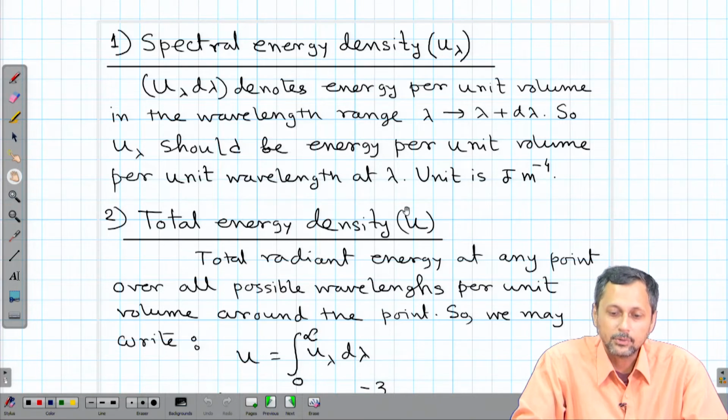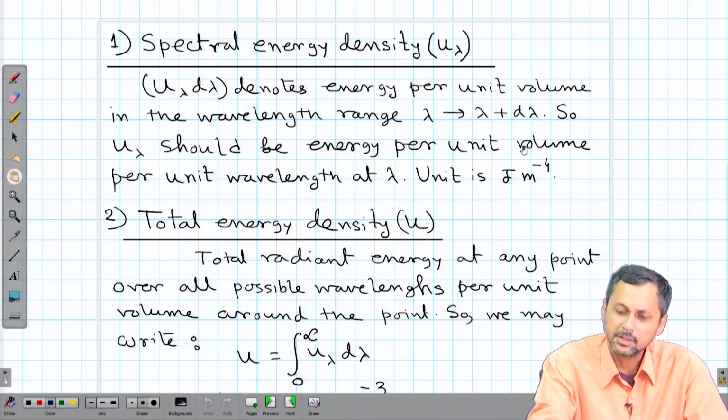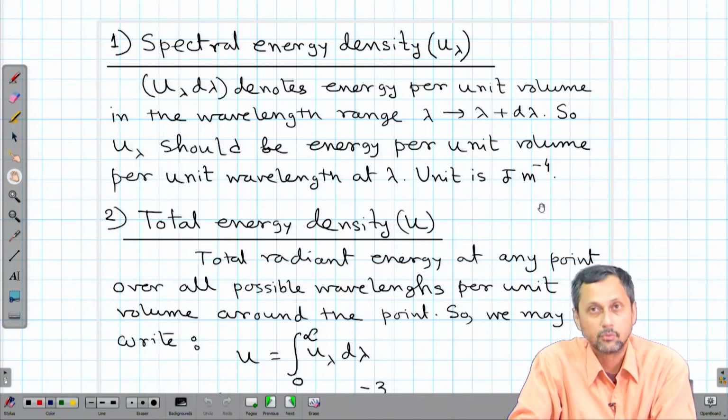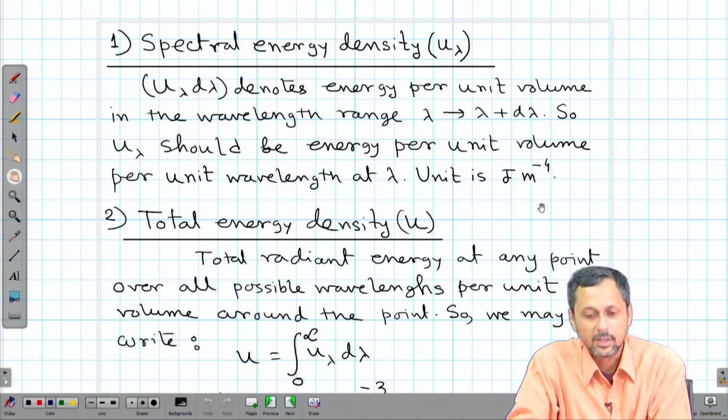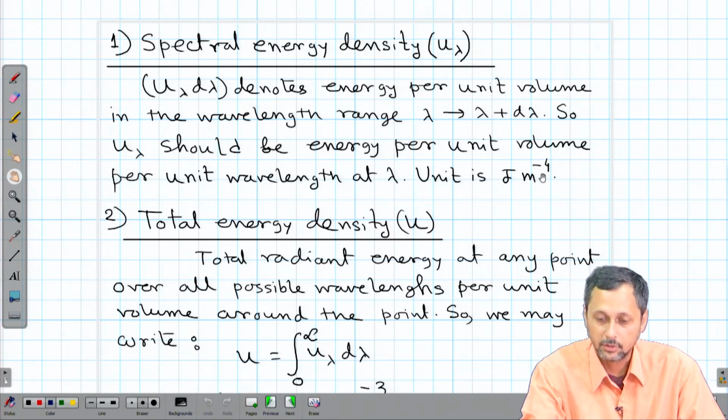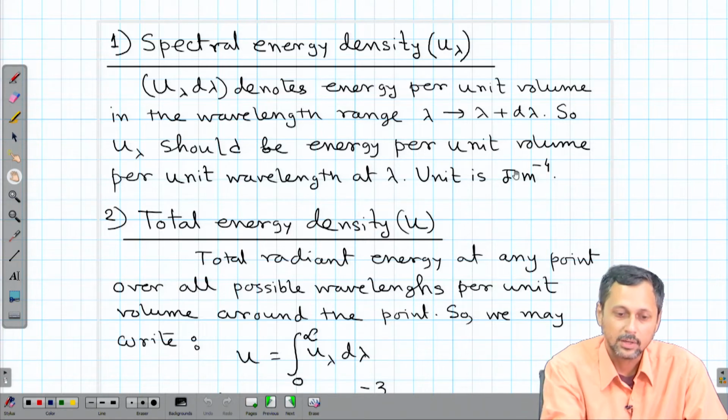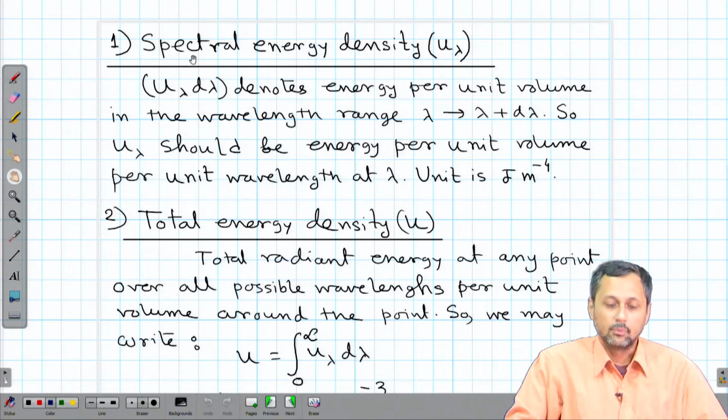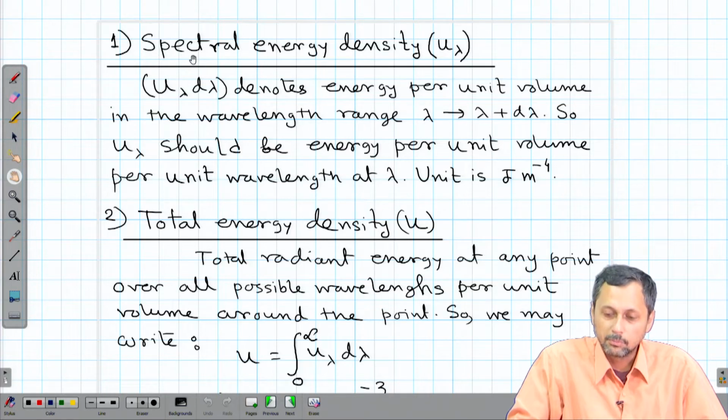So, U lambda should be energy per unit volume per unit wavelength at the wavelength lambda, with units of joules per meter to the power minus 4. Why? Because if U lambda has units of joules per meter to the power minus 4, then U lambda d lambda will be in units of joules per meter cubed, that means energy per unit volume, right.